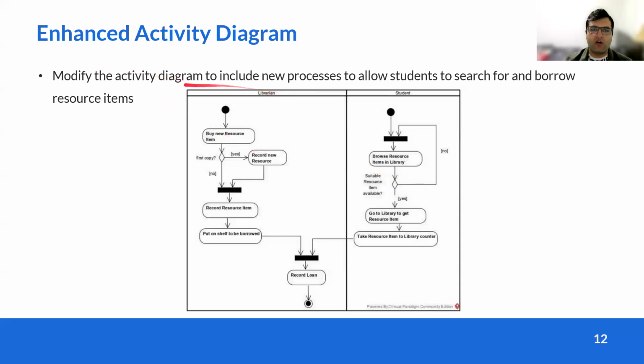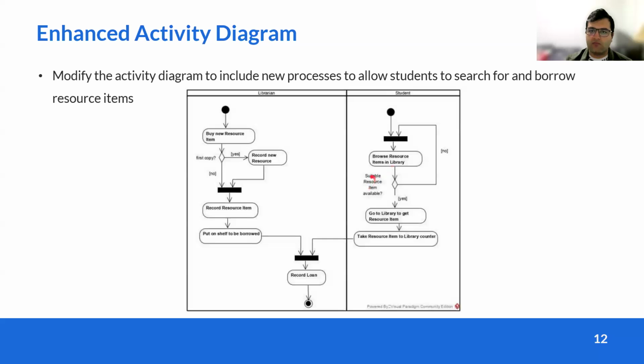So let's enhance our activity diagram from our first slide, because now we have a better idea of what things are supposed to look like. Search and borrow resource items. Here is where the swim lanes come in. The librarian can do all the actions that we looked at earlier, and the student can start the activity by browsing resource items.